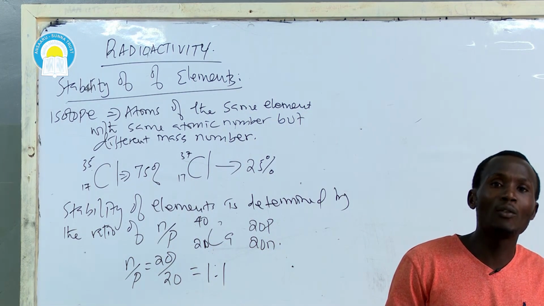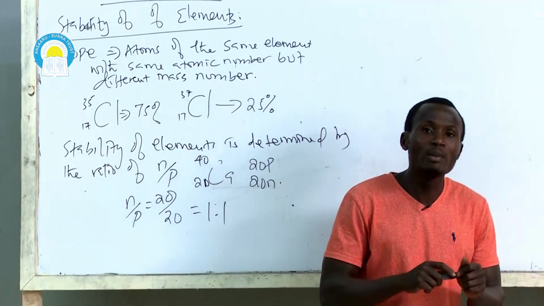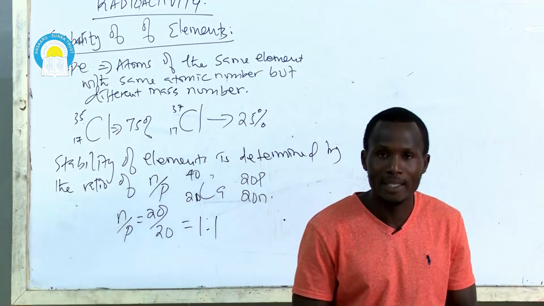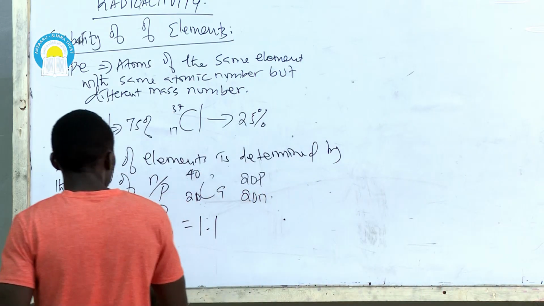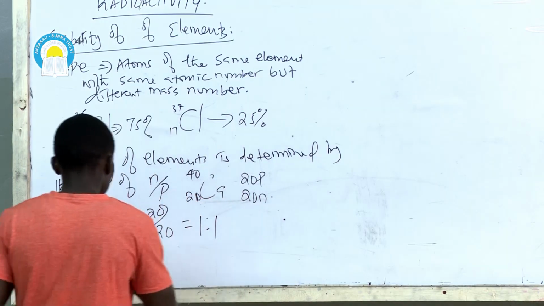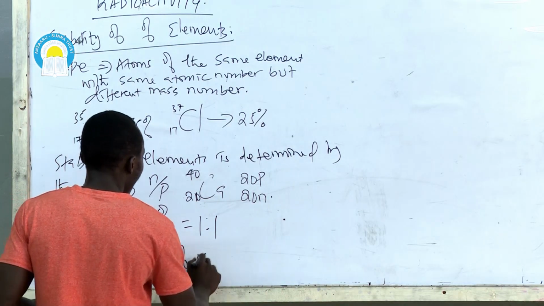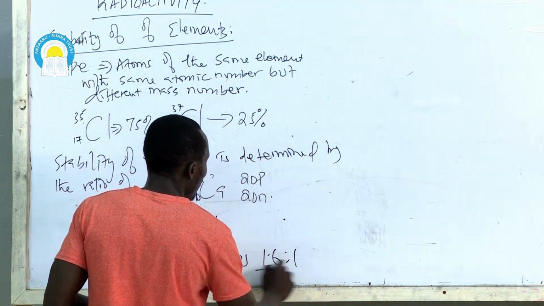So as the number of nucleons continues to increase, the ratio also continues to widen, and you'll find that the range of stability is up to 1.6. So the stability of isotopes is up to the range 1.6:1.